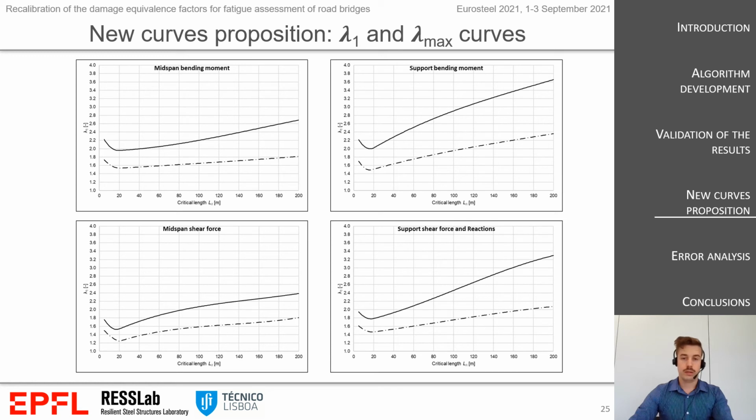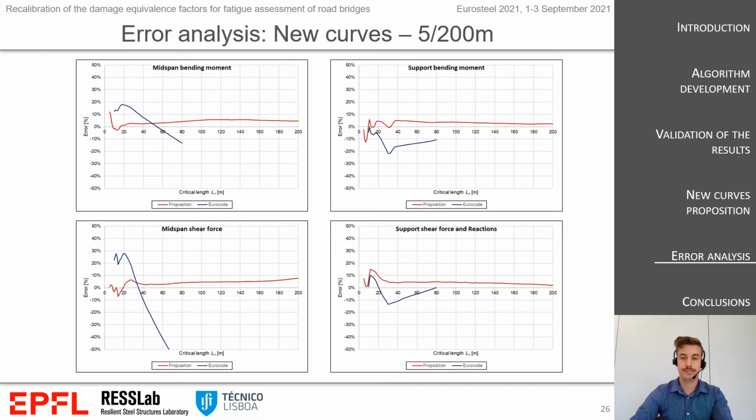And we did the same work for the lambda max curves, as we can see in this graph in continuous black. And finally, we did an error analysis between the proposition and the results of weigh-in-motion measurements with the fractile of 95%.